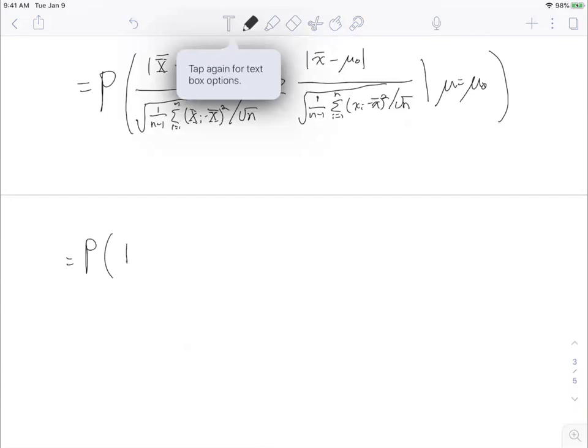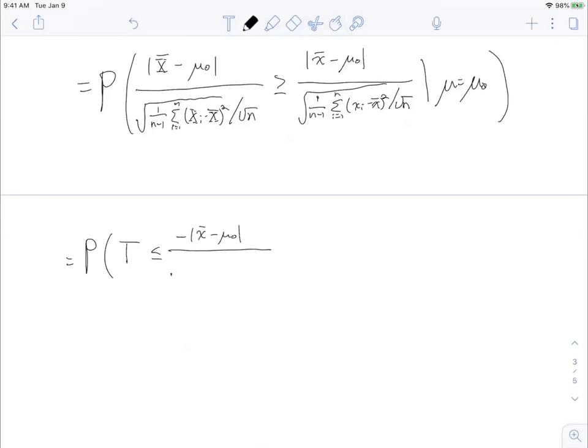So the probability that t is either less than or equal to the minus absolute value of x bar minus mu 0 over the square root of 1 over n minus 1, sum i equals 1 to n, (xi minus x bar) squared, over the square root of n, or that t is bigger than or equal to the positive square root.